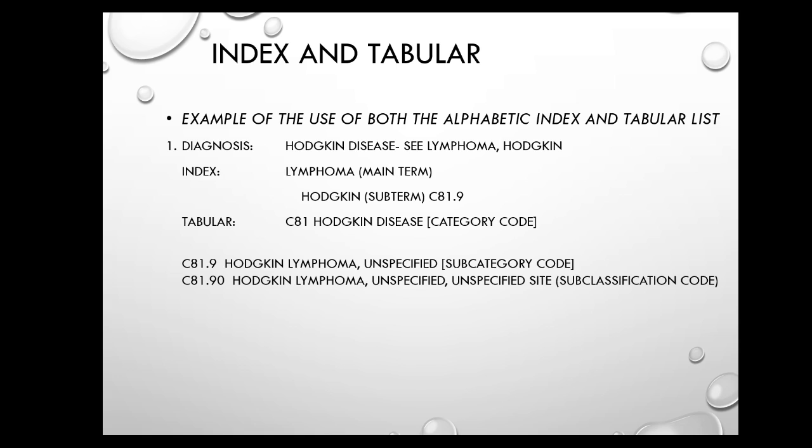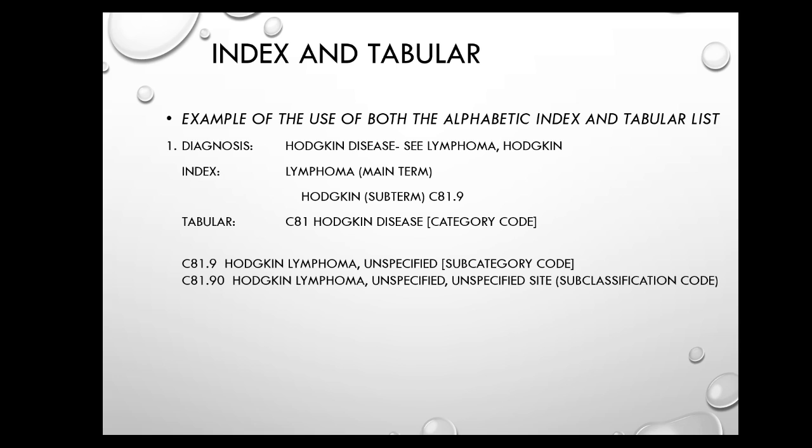Then we see another code, C81.90, which also represents Hodgkin lymphoma unspecified, but this is also classified to unspecified site. The 5th digit represents a subclassification of our code. C81 is the category, C81.9 is the subcategory, and C81.90 is the subclassification code.